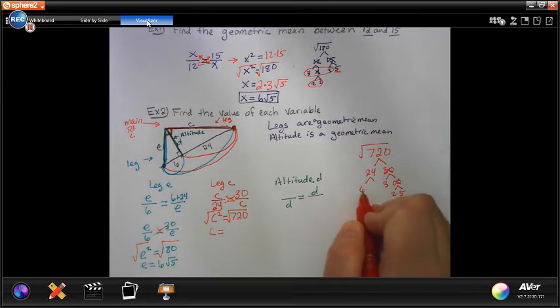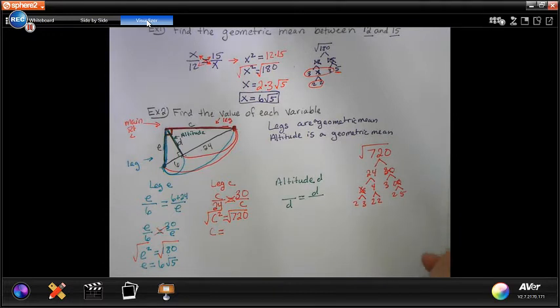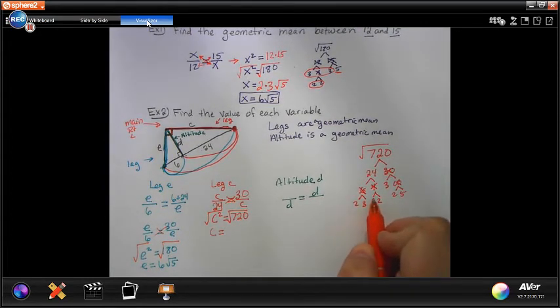24 is 6 times 4. 6 is 2 times 3, 4 is 2 times 2. I have a pair of 2's here, a pair of 2's here, and a pair of 3's here.